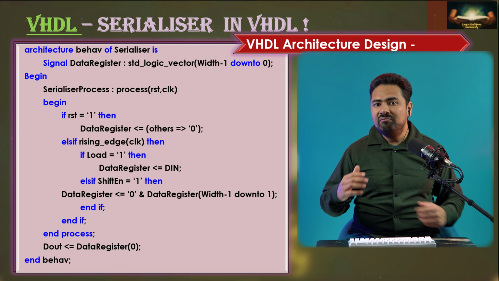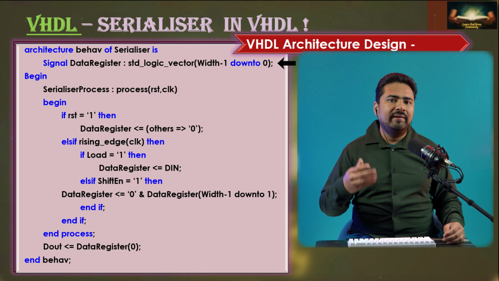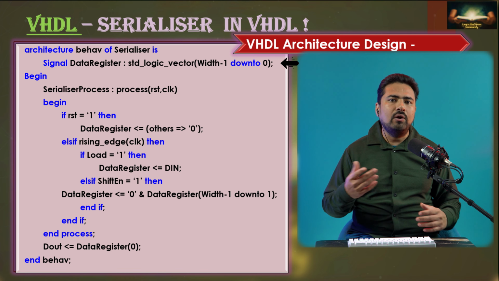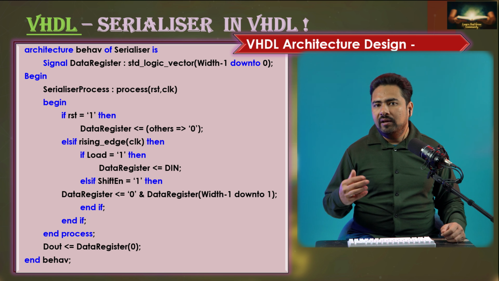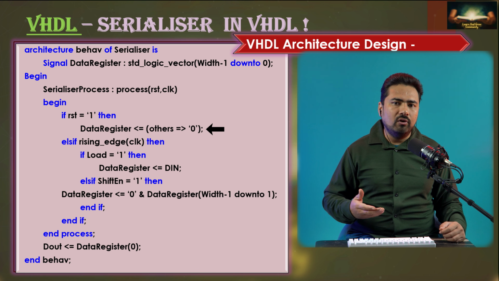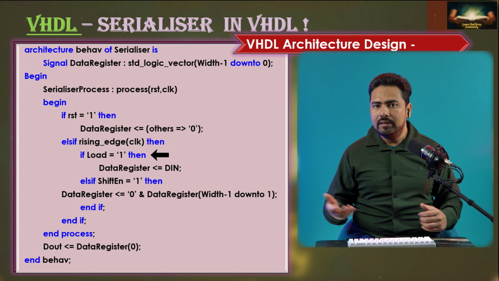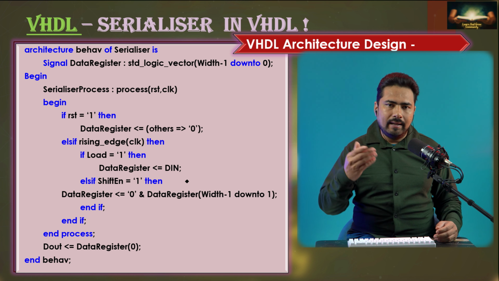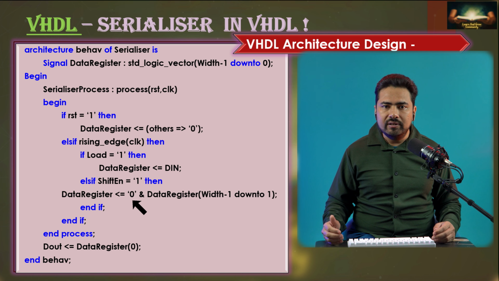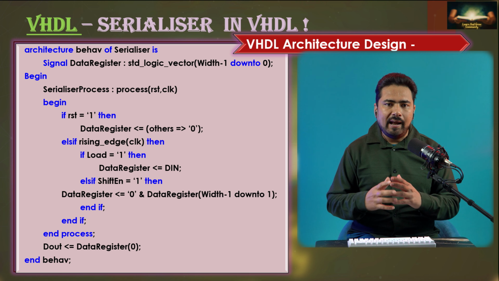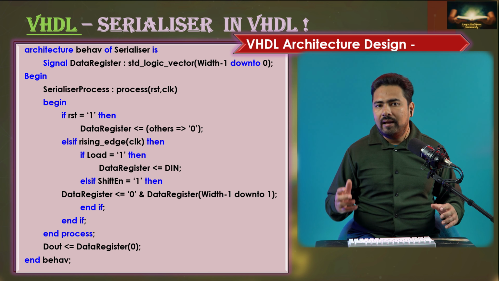Let me read it first and then we will explain it line by line. architecture behave of serializer is signal data_register : std_logic_vector(width-1 downto 0); begin serializer_process : process(reset, clock) begin if reset = '1' then data_register <= (others => '0'); elsif rising_edge(clock) then if load = '1' then data_register <= D_in; elsif shift_enable = '1' then data_register <= '0' & data_register(width-1 downto 1); end if; end if; end process; D_out <= data_register(0); end architecture.